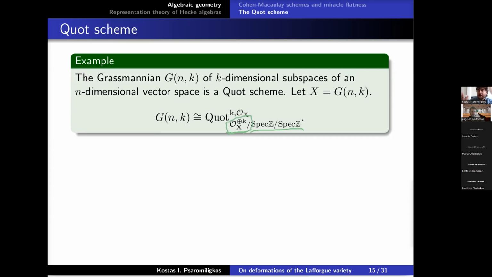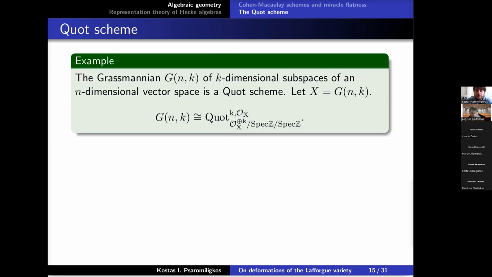So you identify a plane with the quotient that it defines from the space, and you get the Grassmannian as a Quot scheme. Of course, that's not really a proof of the representability of the Grassmannian. You use the representability of the Grassmannian to prove the Quot scheme is representable. But the Grassmannian is an instance of a Quot scheme.